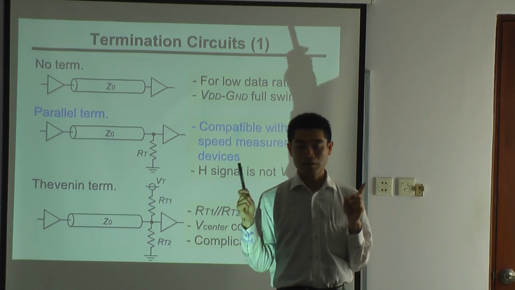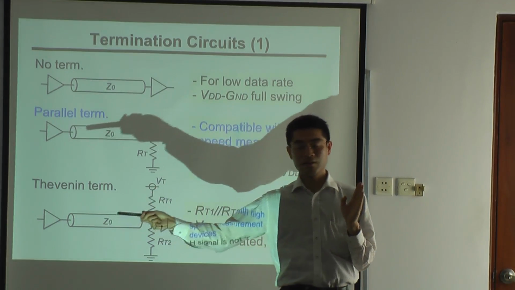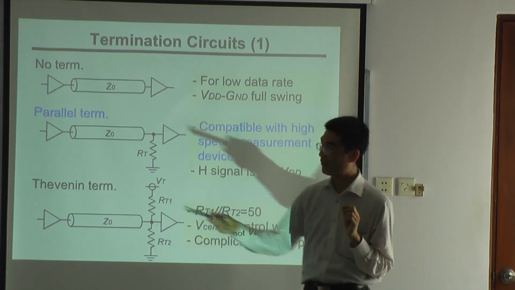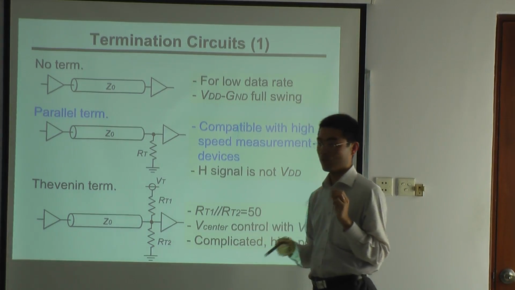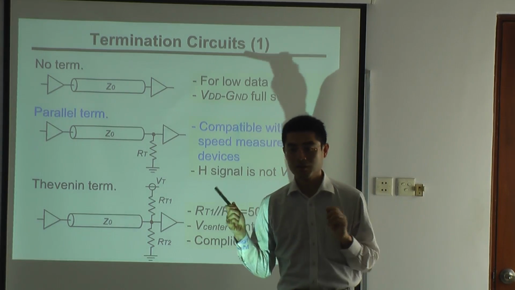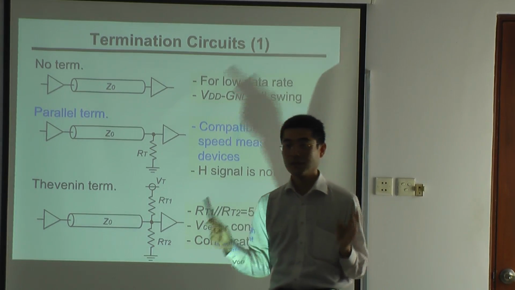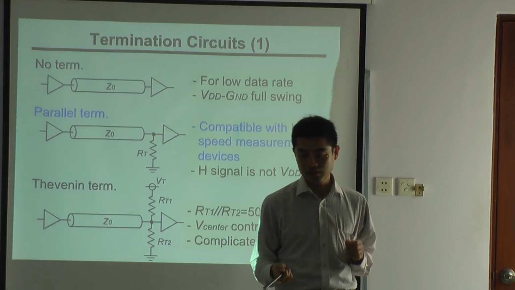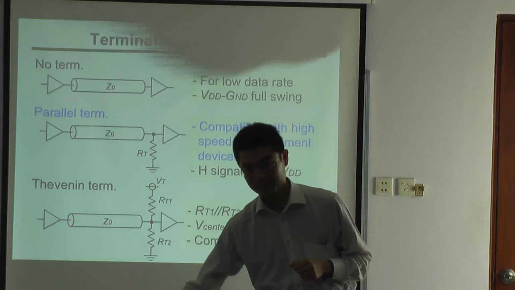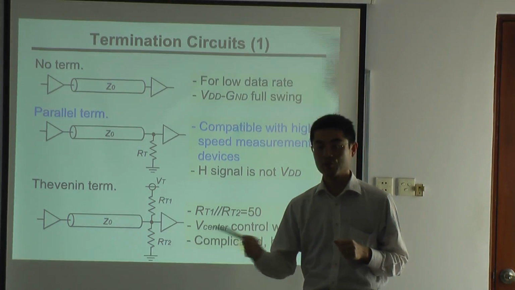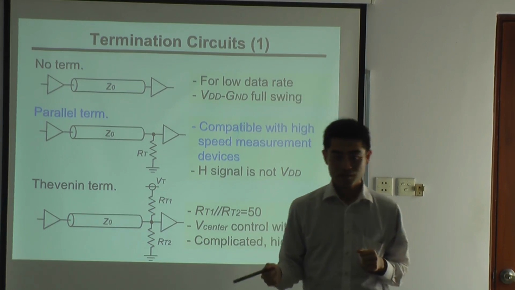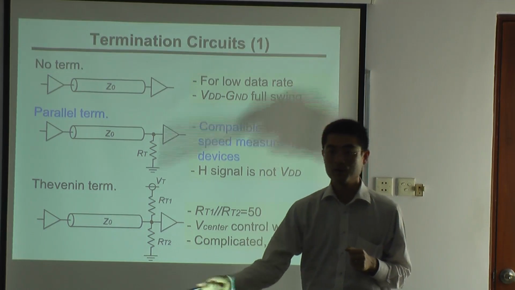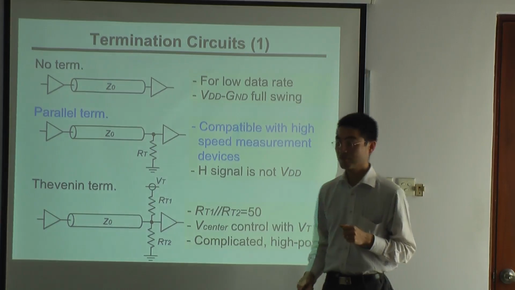For 100 megahertz, it becomes 30 centimeters. For 10 megahertz, 3 meters. So let's say your communication speed is 10 megahertz, 10 megabps, and the communication length is from here to here. We don't have to care so much. But if we want to communicate at 1 gigahertz from here to here, we have to have matched termination.